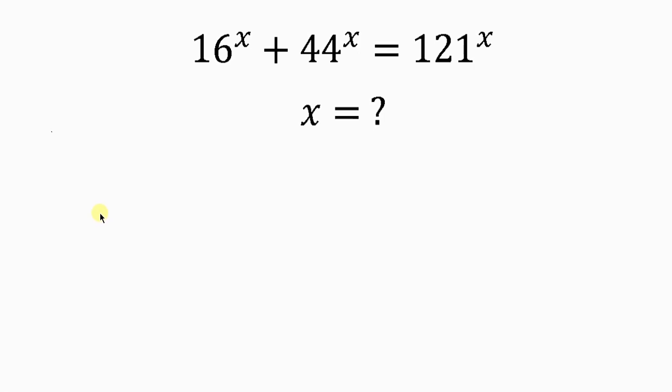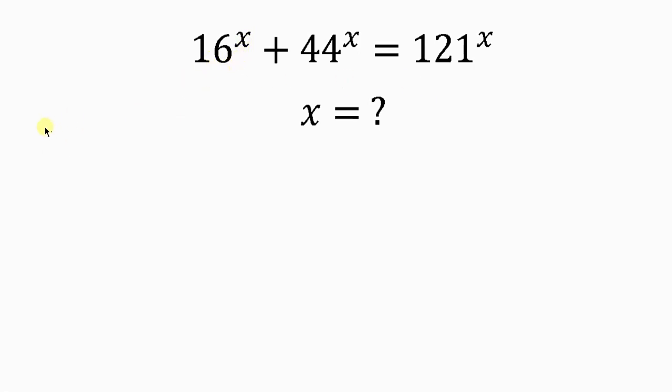We have a math question which says find x for which 16 to the x plus 44 to the x is equal to 121 to the x. Well, our first step will be for us to divide through by 16 to the x.